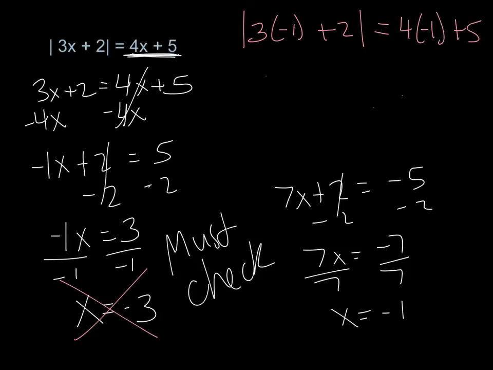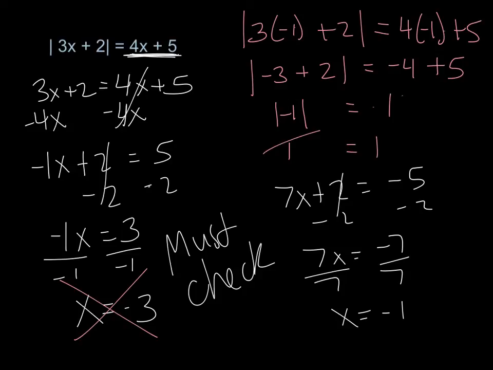So inside the absolute value, I have 3 times negative 1, which is negative 3, and then I'm adding 2 to it. And negative 3 plus 2 is negative 1, and the absolute value of negative 1 is 1. On the other side, 4 times negative 1 is negative 4, and I'm adding 5 to it, and I get 1. And notice that in this case, I get a true statement, which means our only solution to this absolute value equation is negative 1.